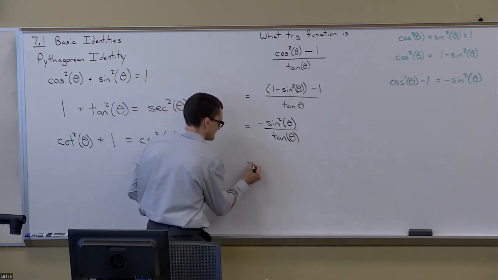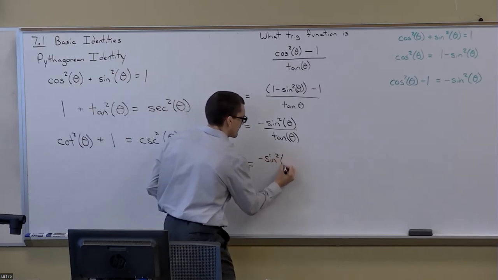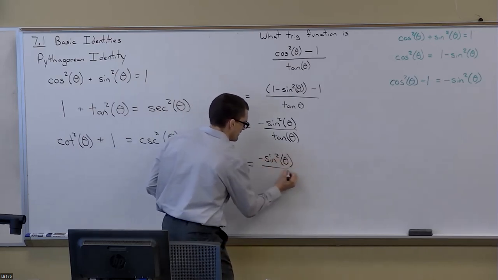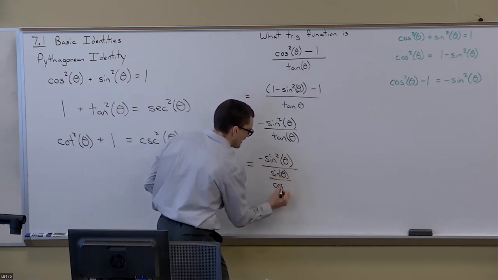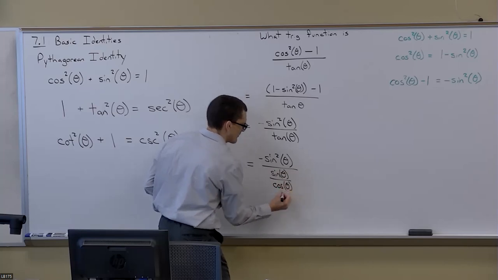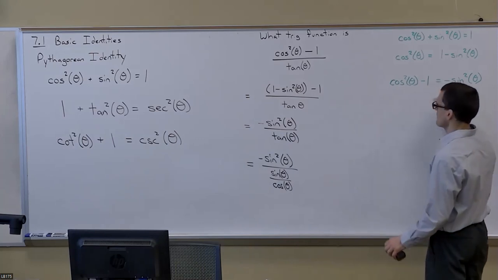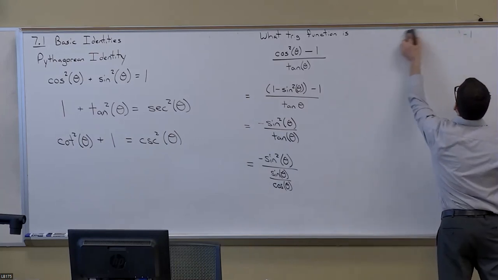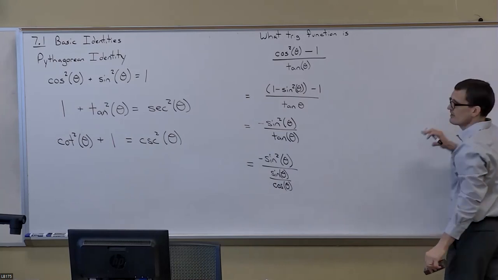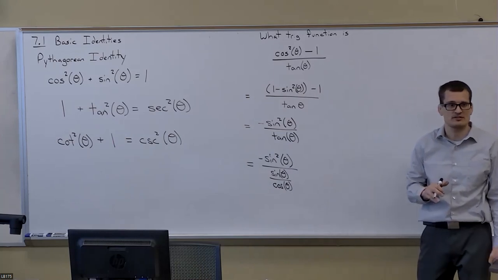So we have negative sine squared, and I'm going to write that tangent as sine divided by cosine. And then now I have to erase some of this work over here because I don't have room on the board. I probably should have moved my scratch work off to the side further.